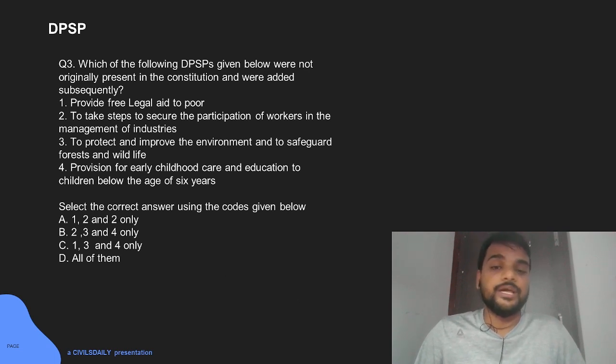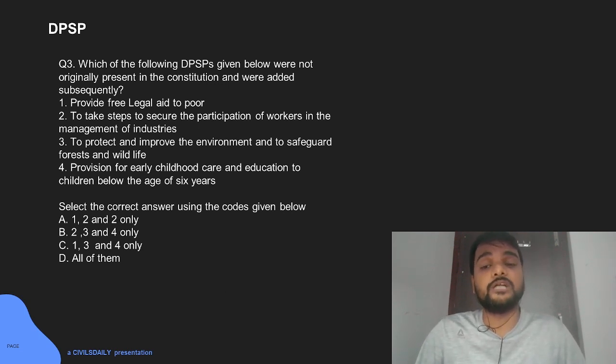And provision for early childhood care and education to children below the age of 6. So earlier the constitution was only aimed at children of 6 to 14 years. They thought no, we have to focus on below 6 years also. So when Article 21A was brought for the 6 to 14 years, making education a fundamental right, they amended Article 45 and provided for the DPSP of early childhood care and education below the age of 6 years.